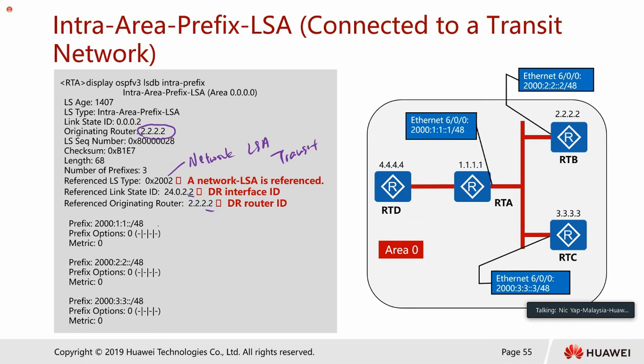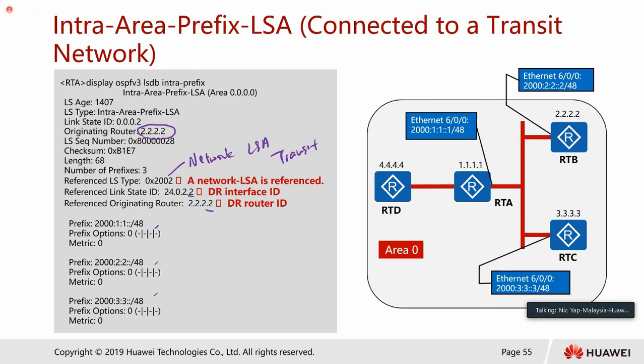Then they tell you the attached devices: 2001:1::, 2002:2::, 2000:3:3::. So this is the information that I will get, the address information. Earlier on, you just knew the topology, but now I have learned the addresses from the routers.